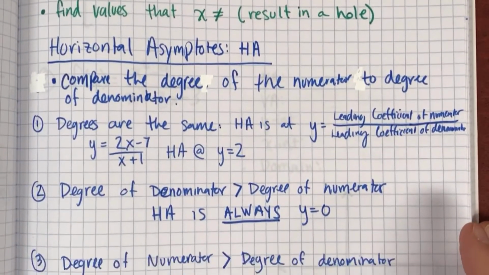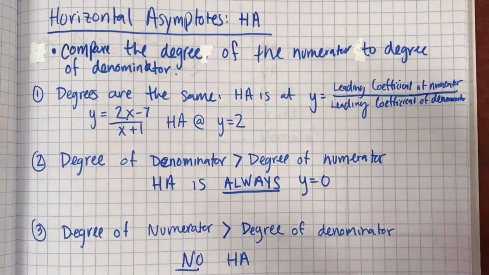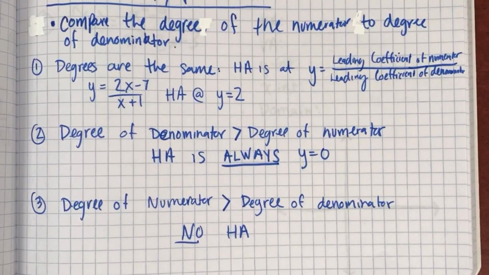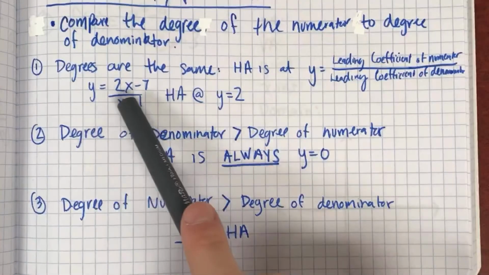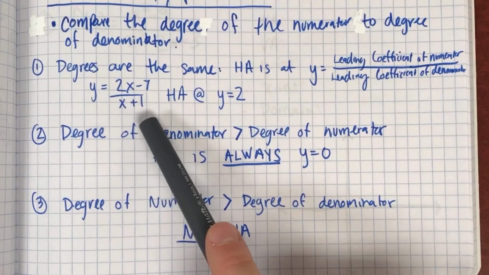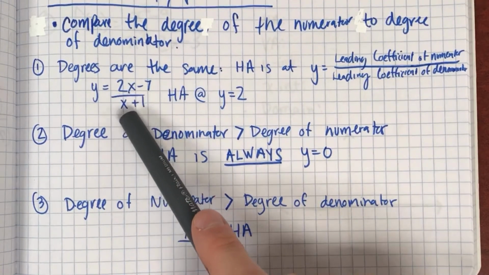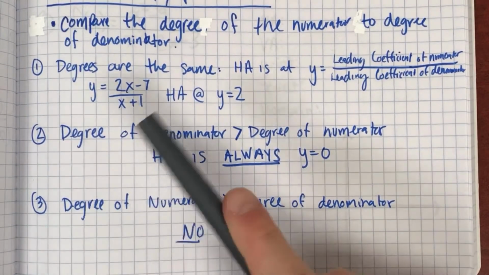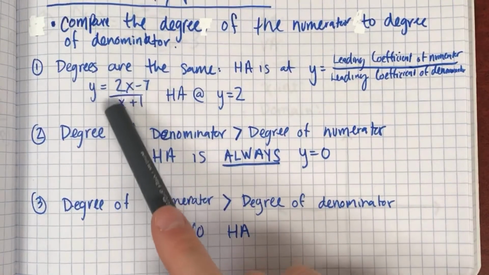Horizontal asymptotes are a little more difficult. We compare the degree of the numerator and the denominator. There are three ways that we can be doing this. The first one is if the degrees are the same. For example, if we have y equals (2x minus 7) over (x plus 1), the degree is the same, and so then we look at our leading coefficients.